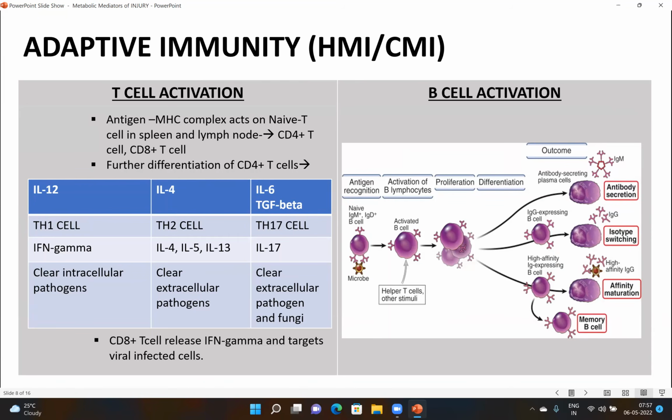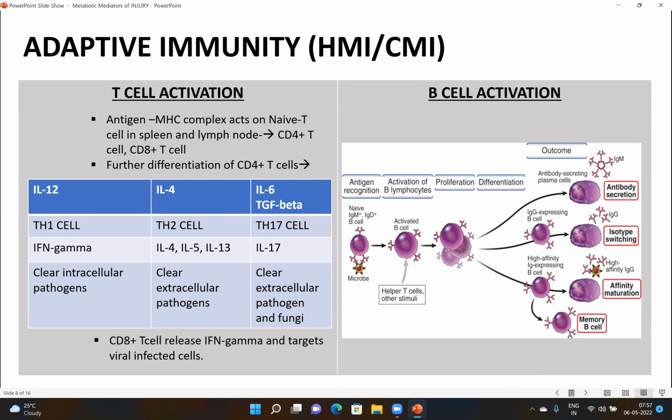In presence of interleukin-6 and TGF beta, it gets differentiated into Th17 cell, releases interleukin-17 and clears extracellular pathogens and fungus. CD8 T cells release interferon gamma and target the viral infected cells.